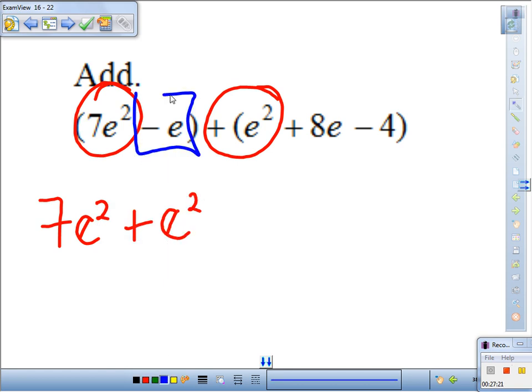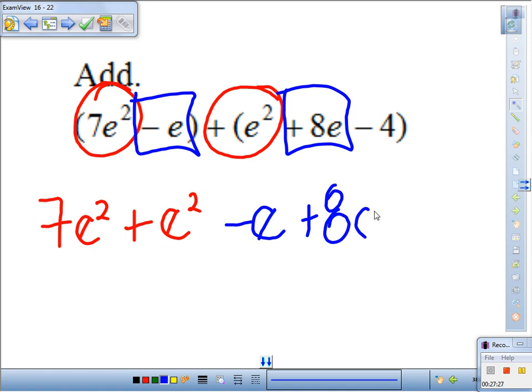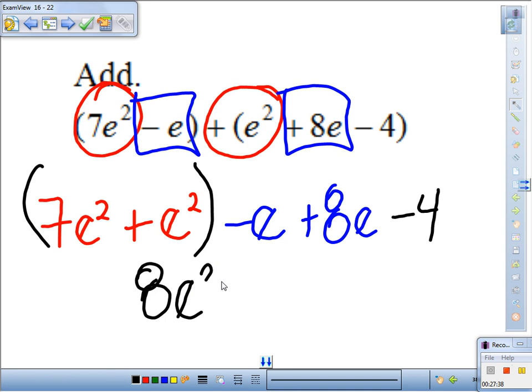Is this a like term as this one? Yes. e, negative e, plus 8e. And then at the end, we bring down the what? Negative 4. Okay. So what is 7e to the second plus 1e to the second? 8e to the second. What is 8e minus 1e? 7e. And then bring the negative 4 down.